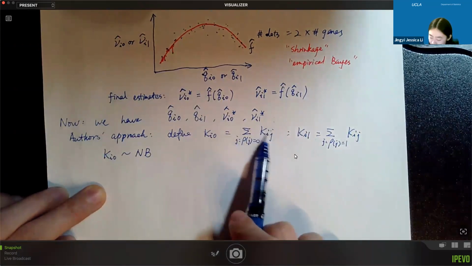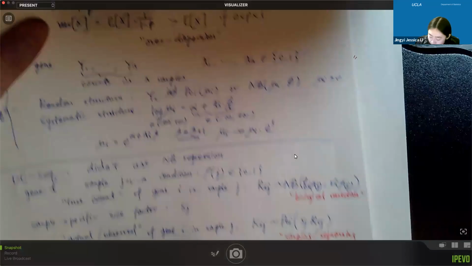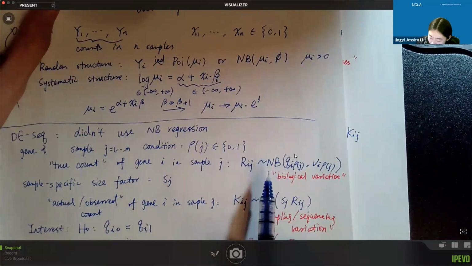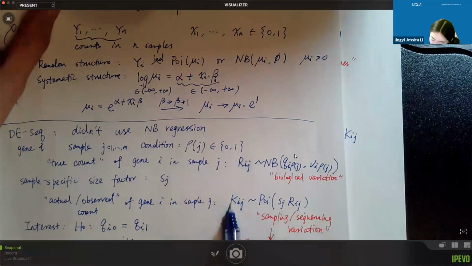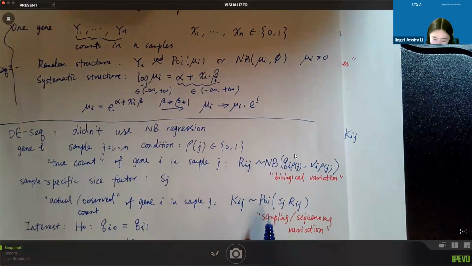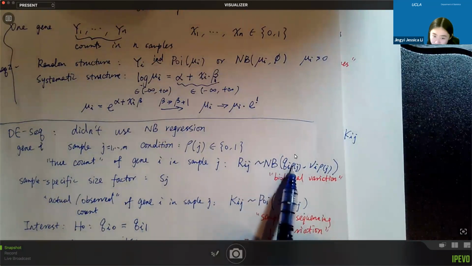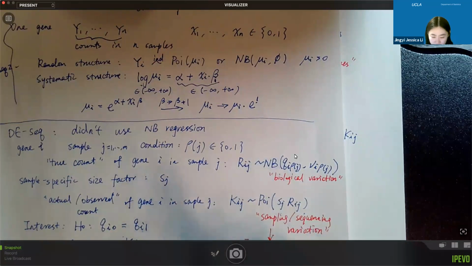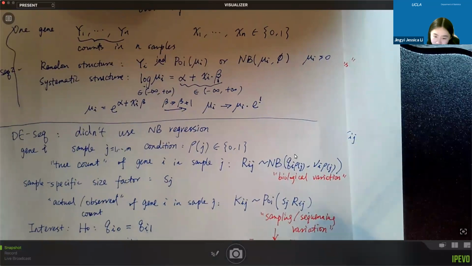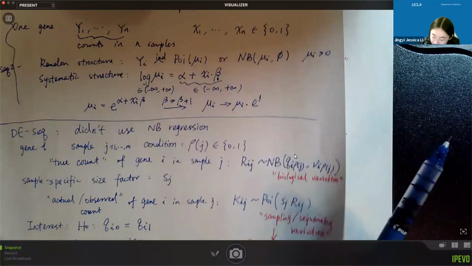Each Kij, let's say it's divided by the Sj, they assume it follows a negative binomial with a mean. Because for different j's they share the same mean, which we call Qi0, they can take the summation and say that it's still a negative binomial, but the mean needs to be summed over.